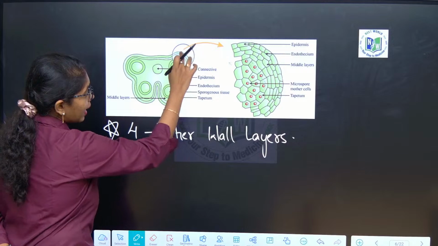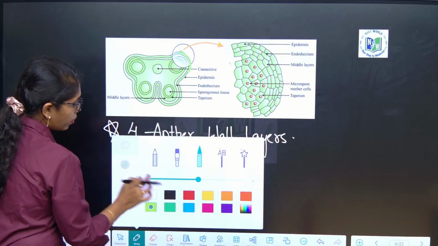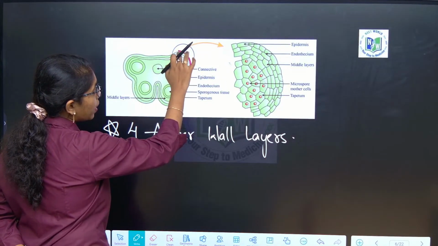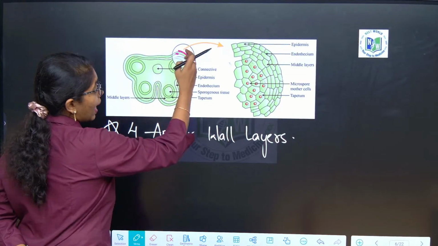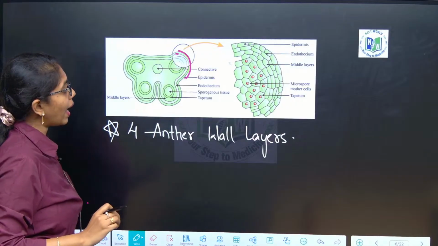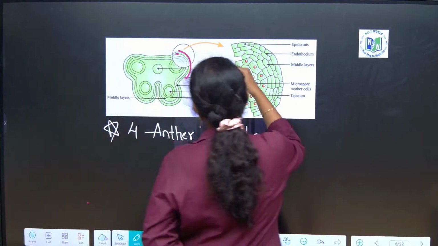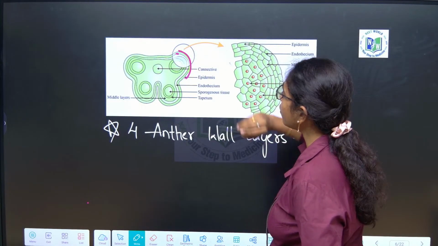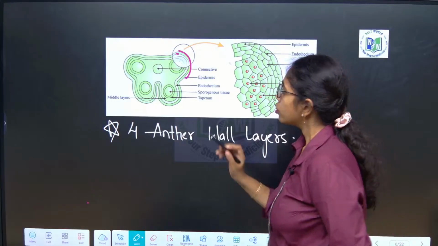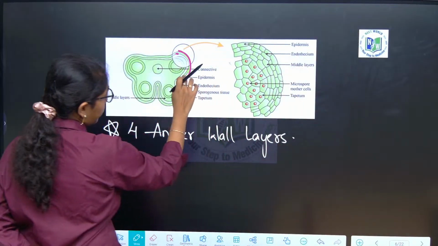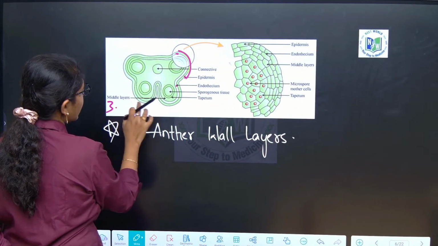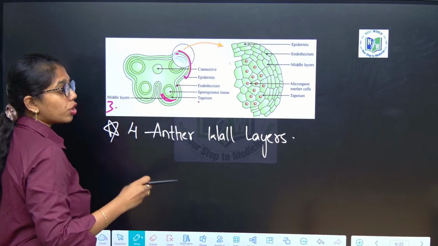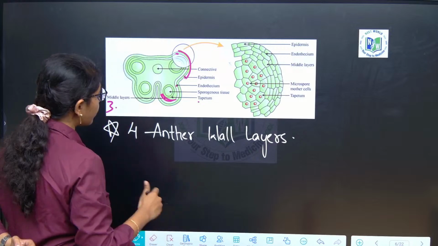The outer layer is called the epidermis. Next to the epidermis you have the endothecium. Next to the endothecium you have the middle layers, and at the center you have the tapetum. So you tell me now, what are the 4 anther wall layers?